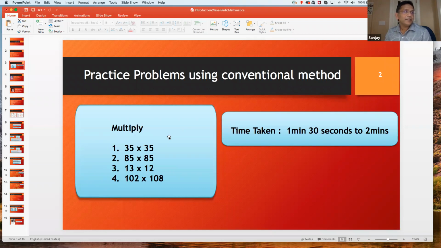Typically, I think 1 or 2 minutes is good enough for these problems. If you know some mathematical techniques, feel free to use them as well.